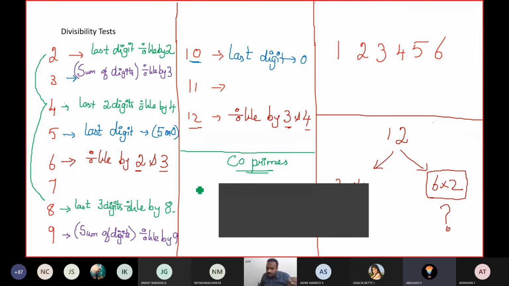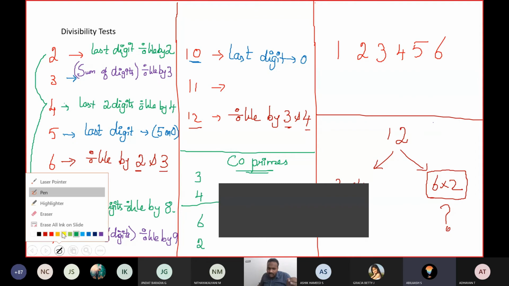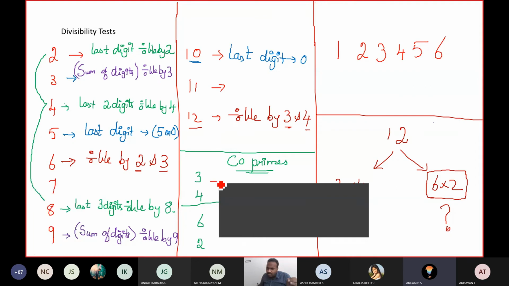Let's take the same example: 3, 4, 6, 2. What are the factors of 3? 1 and 3.